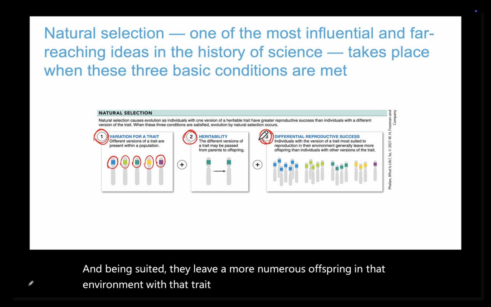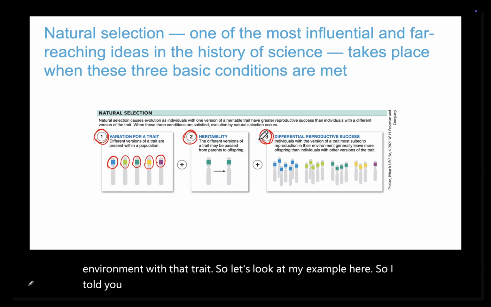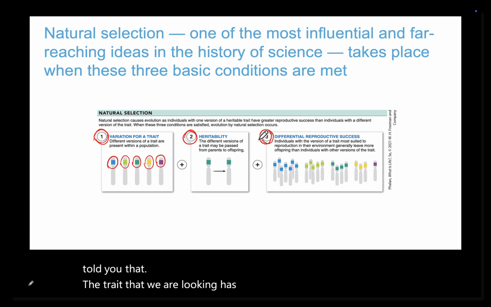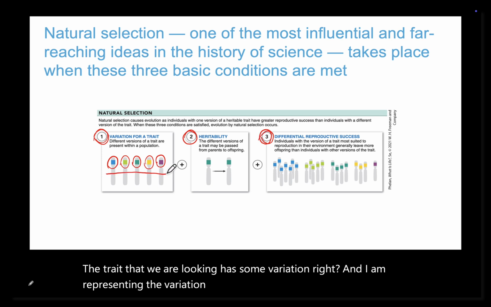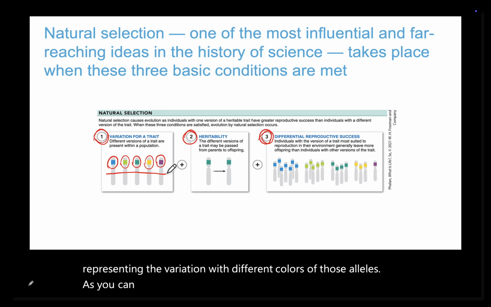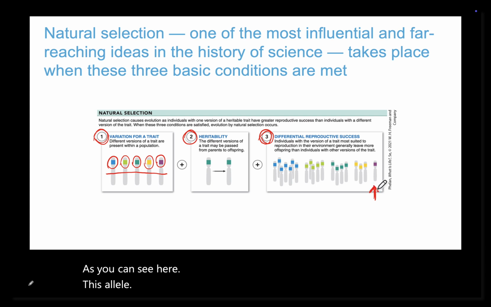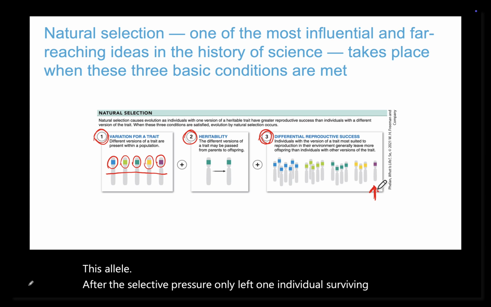So let's look at my example here. I told you that the trait that we are looking at has some variation, right? And I am representing the variation with different colors of those alleles. As you can see here, this allele after the selective pressure only left one individual surviving that environment.